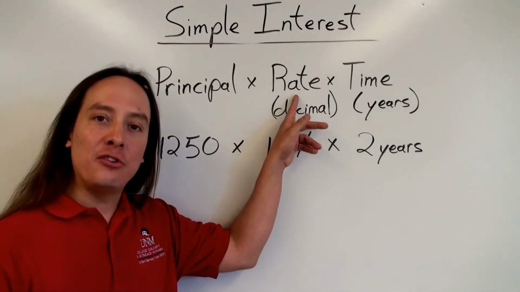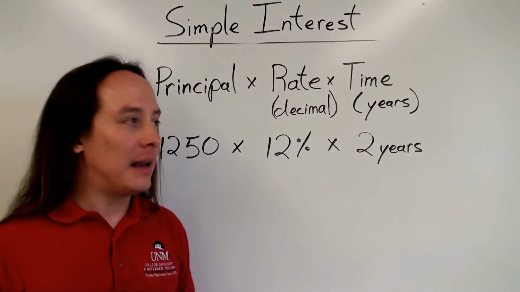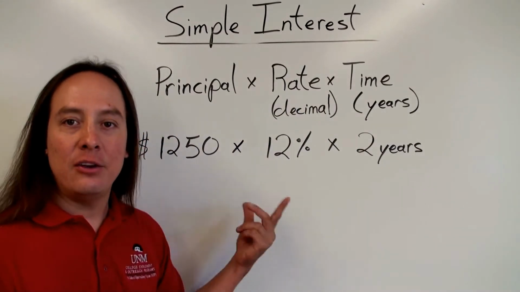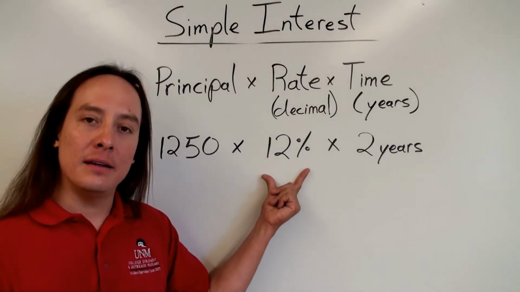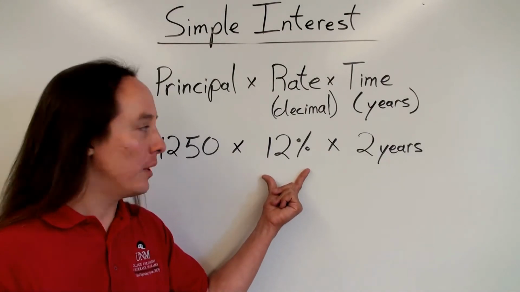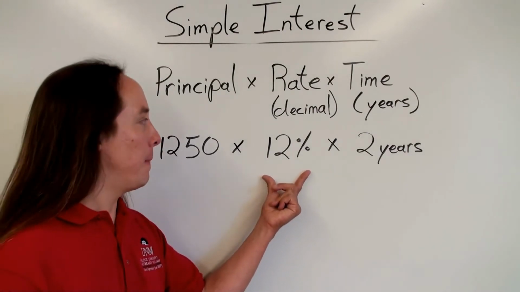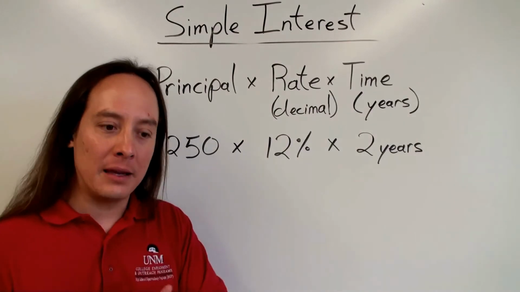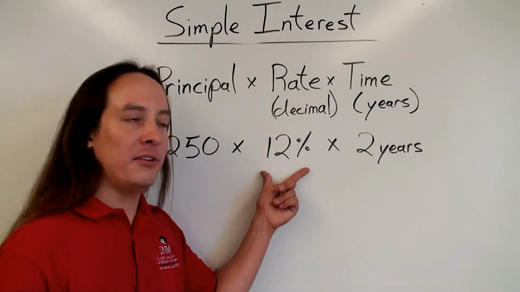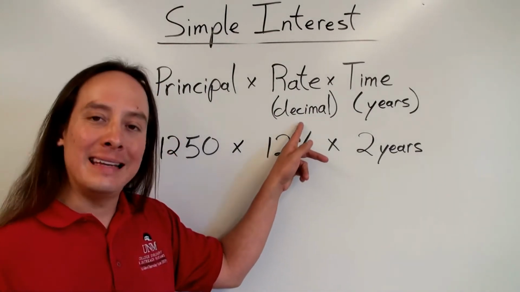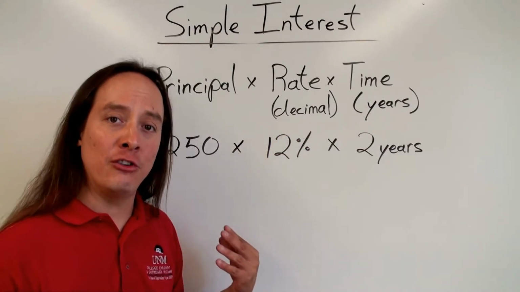The rate of interest, they usually give us that, and here's an example right here. They usually give us that rate in a percent form, and we can't do the multiplication when it's in percent form. We have to make sure it's in a decimal form, so we have to make that conversion.